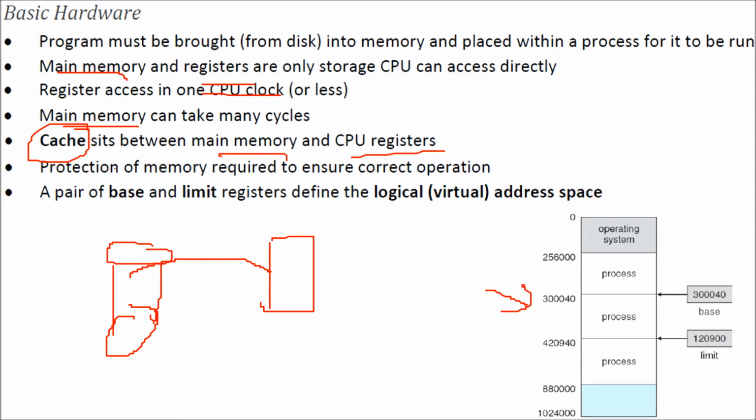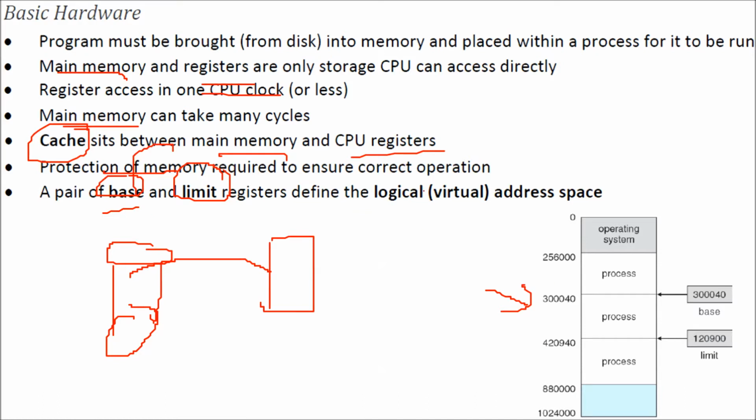So we have some protection strategy also, that is a pair of base and limit registers. These are all hardware stuff. The base and limit registers define the logical or virtual address space. Please understand, we'll be talking about logical and actual addresses.